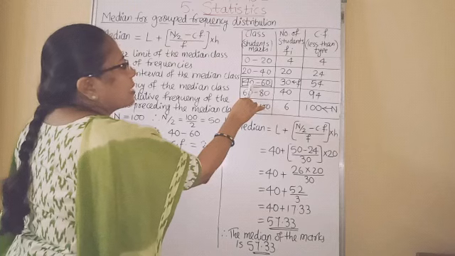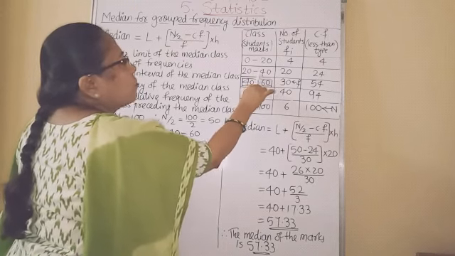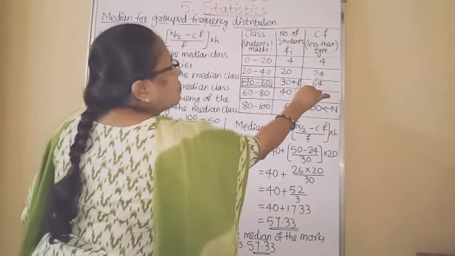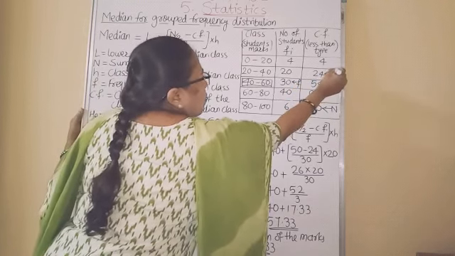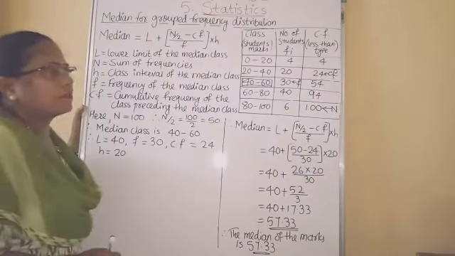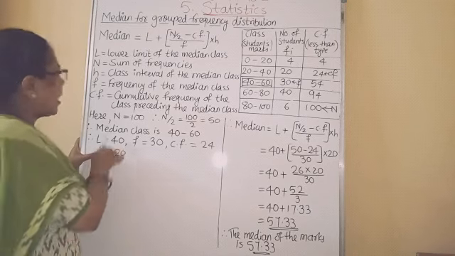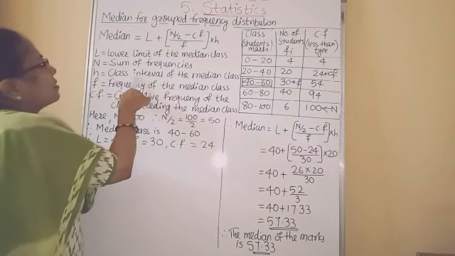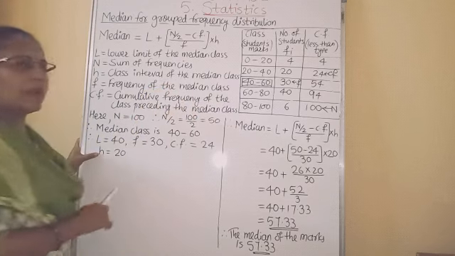Our median class is 40 to 60, its preceding class is 20 to 40, so its cumulative frequency is 24. This is the value of CF. Then the last value is H. H means the class interval of the median class. Now how do we find the class interval?